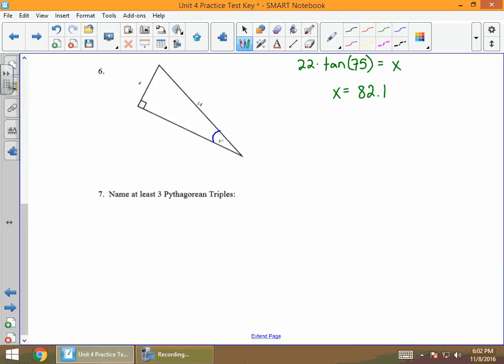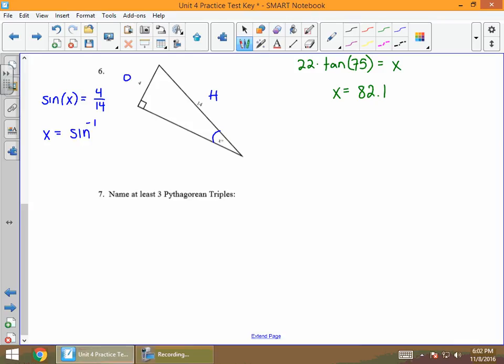Number 6, here's my angle, so my opposite, hypotenuse, and adjacent. The useless one here is adjacent. So O and H is sine. So the sine of x degrees is equal to the opposite 4 over the hypotenuse 14. Now to solve for x, I have to get rid of sine. And I get rid of sine by using that sine inverse.